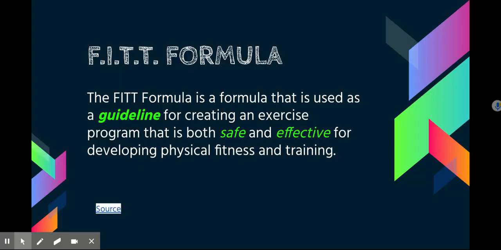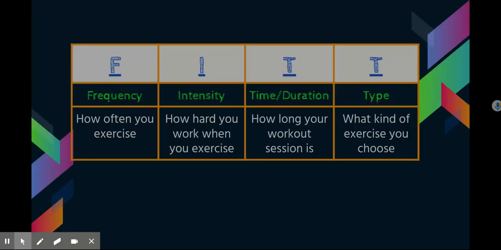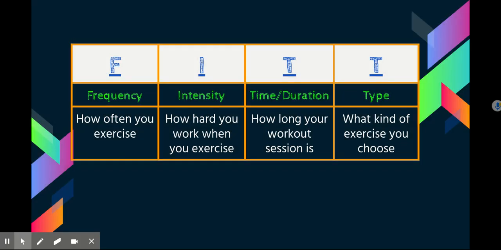The FITT formula is a formula that is used as a guideline for creating an exercise program that is both safe and effective for developing physical fitness and training. So, going back to that previous question about what you thought the FITT formula stood for: F is for frequency.